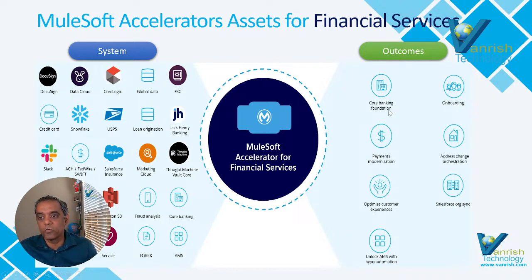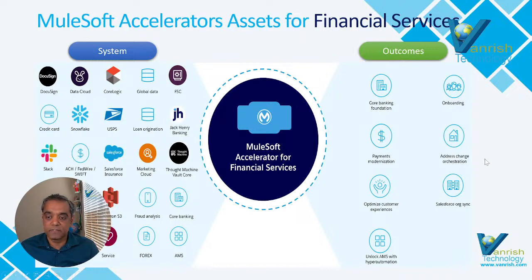Core banking foundation is very important for any banking or financial services. Onboarding, whether it is customer onboarding or employee onboarding, everything goes through this cycle. Payment modernization: there are a couple of ways you can enable payments, whether PayPal, credit card, phone payment, Google Pay, all these kinds of things.